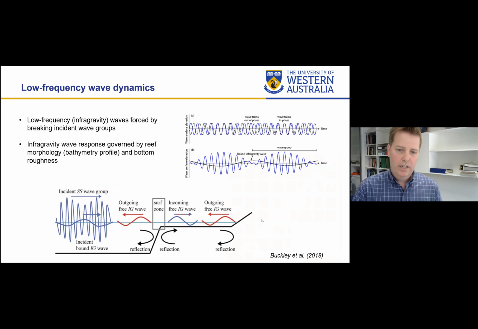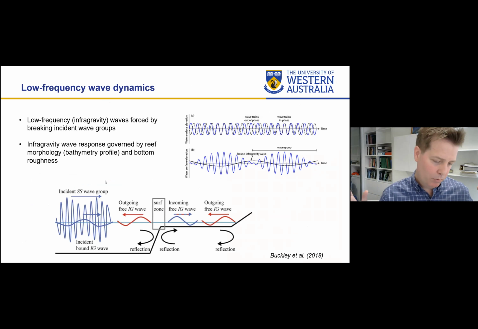So the last thing, when we talk about some of these key wave transformation processes, is understanding the role of these low frequency waves. Many of you are familiar that when we think about wind waves offshore, we have waves of different frequency interacting in the parts of the spectrum where we have similar frequencies. Those interact and cause this kind of beating pattern that gives us our wave groups.